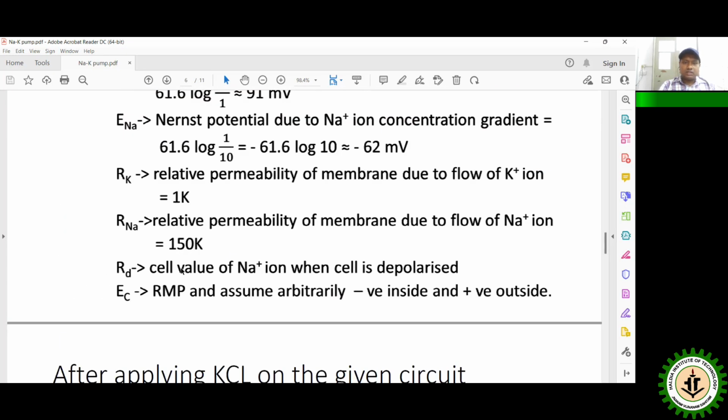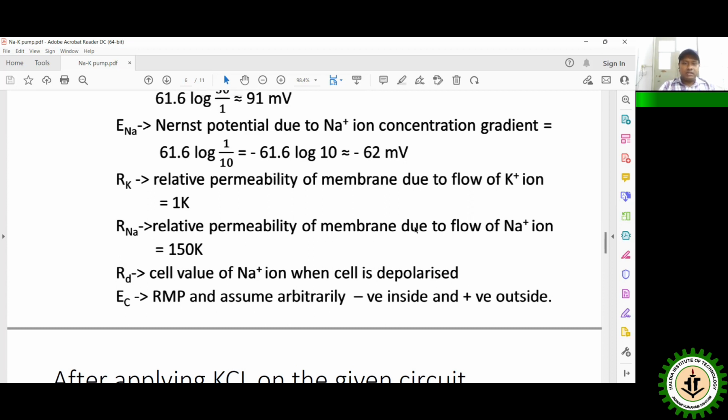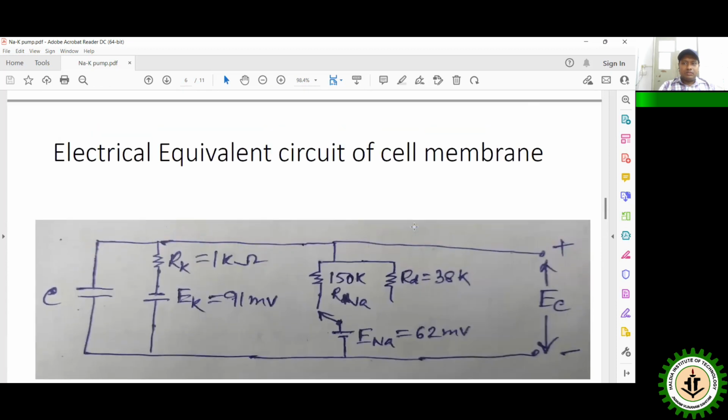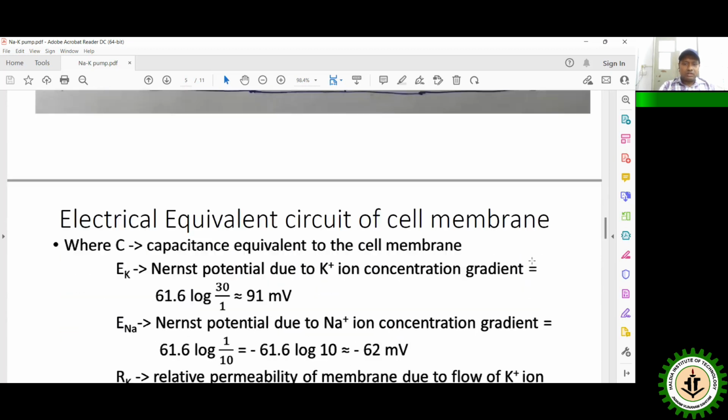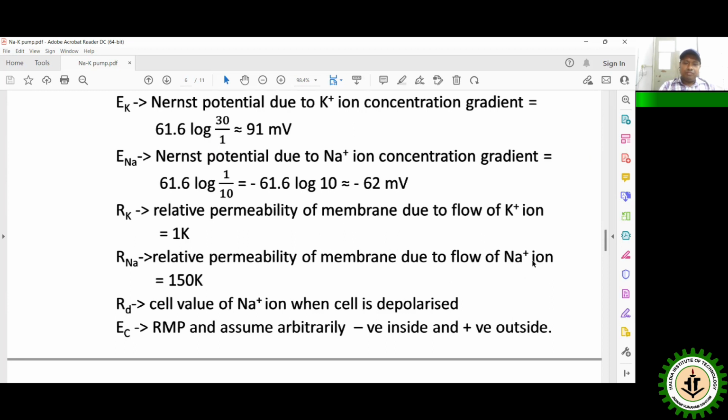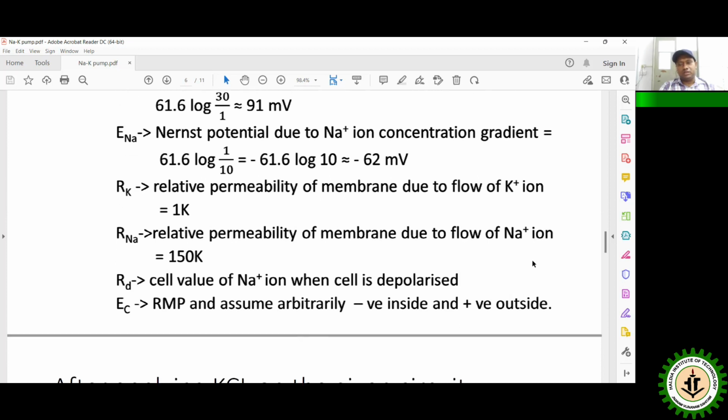Rd is the cell value of sodium ion concentration when the cell is depolarized. And EC, finally at the right side, is the RMP, assumed arbitrarily negative inside and positive outside.